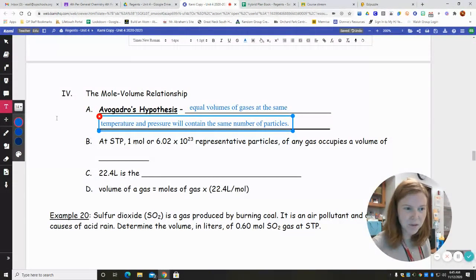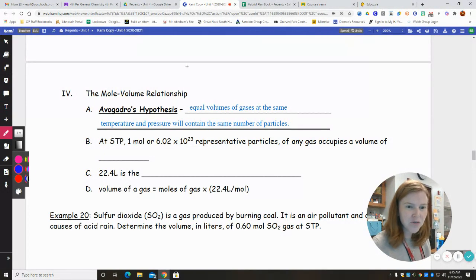So to explain what that means, imagine for a moment that you have 3 balloons. That's a balloon. That's a balloon. And that's a balloon. Okay.